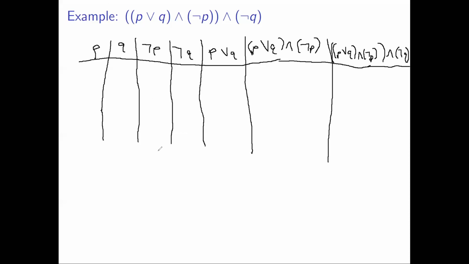So we want to figure out whether or not this is a contradiction. We need to look at all the possible truth values for P and Q. We'll do the columns for not P and not Q again.